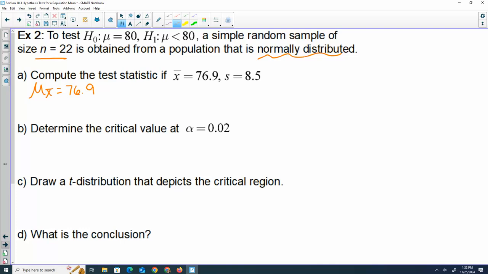So it's equal to my 76.9. The standard deviation for x bar is the standard deviation over the square root of n.